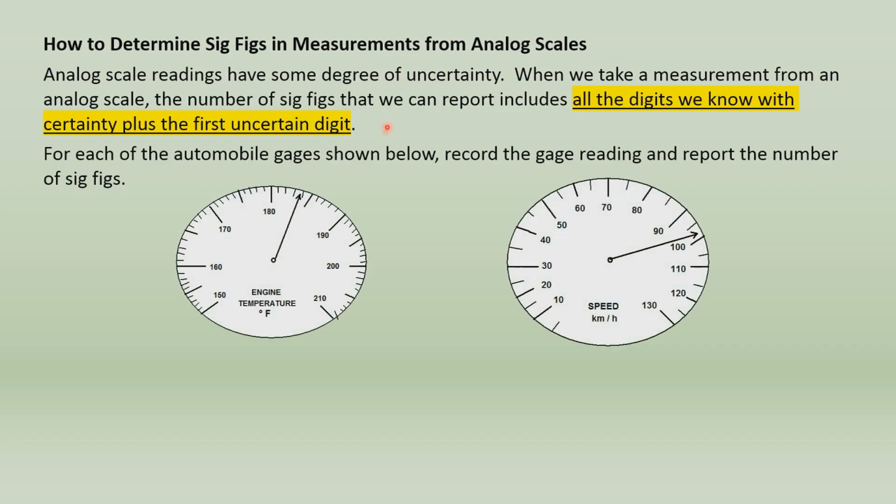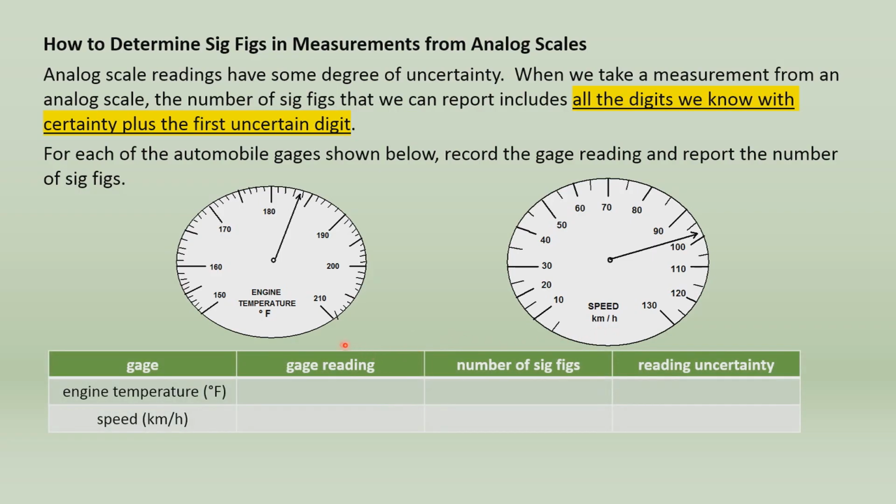So I have here a couple of analog scales representing automobile gauges. I have the engine temperature in degrees Fahrenheit and the speedometer in kilometers per hour. Let's go ahead and read these scales and record the reading that we would estimate, the number of sig figs and the uncertainty in taking those readings, and I'll explain as we go.